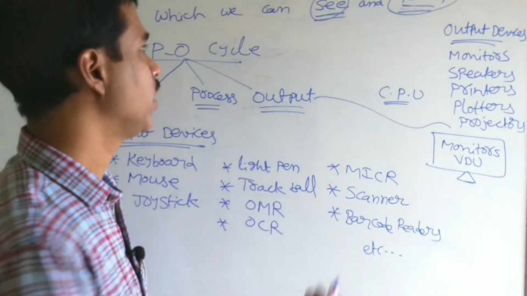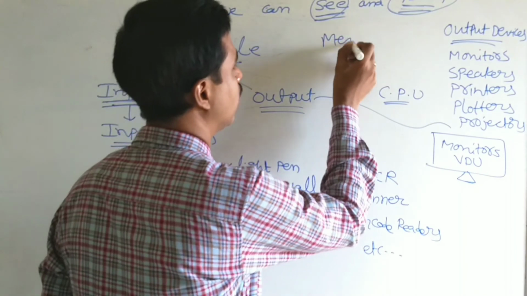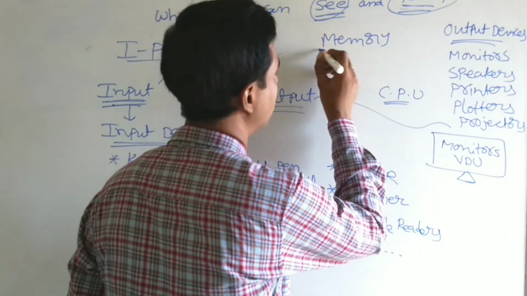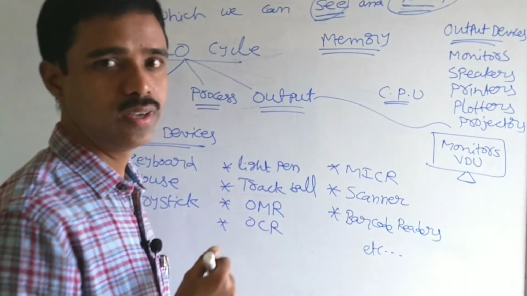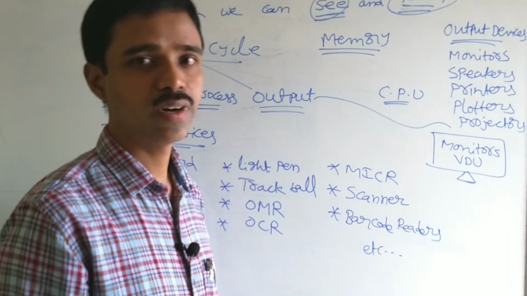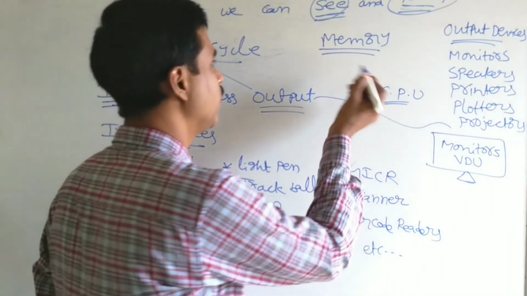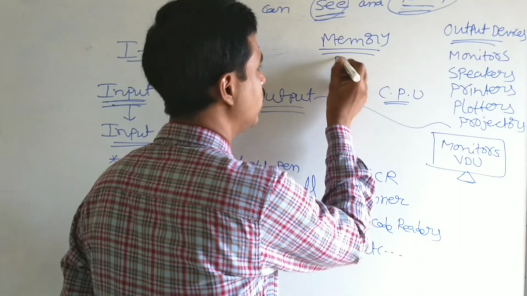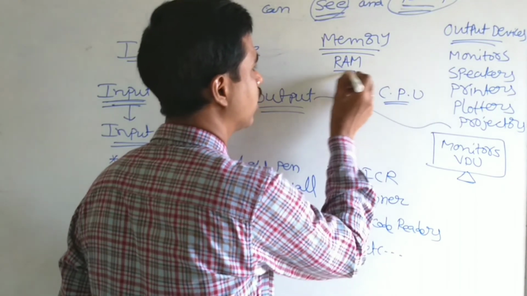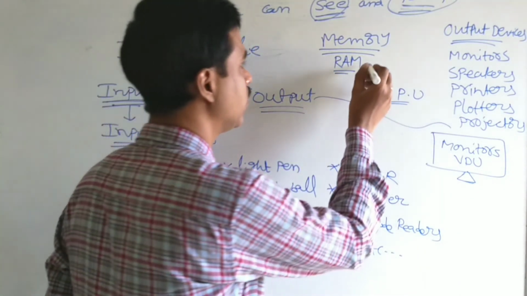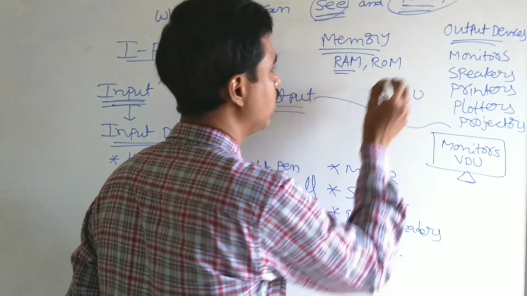And coming to the memory unit, we also have some hardware components. To store the data, we are using memory cards. A memory card is hardware. Generally in the computer we are using RAM, random access memory, which is also hardware. ROM is also hardware, read only memory.